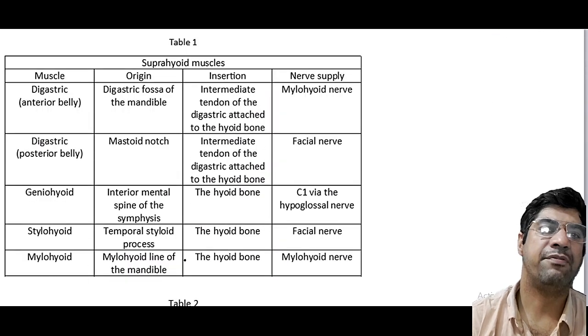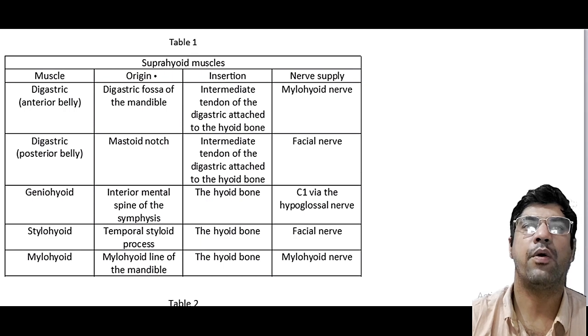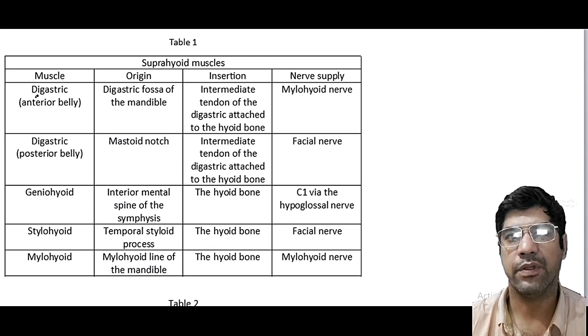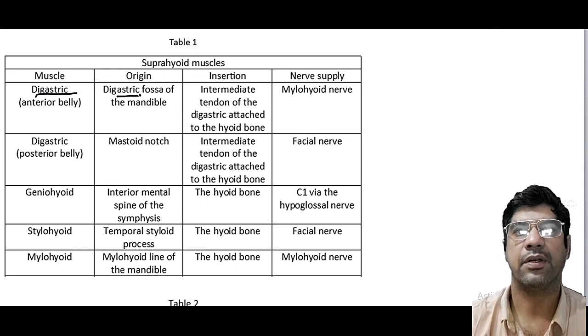So let us discuss the suprahyoid muscles, their origin, insertion and nerve supply. That's very important from your entrance exam point of view. The digastric muscle has its origin from the digastric fossa, and it is inserted into the intermediate tendon of the digastric that is attached to the hyoid bone. Nerve supply is by the mylohyoid nerve.